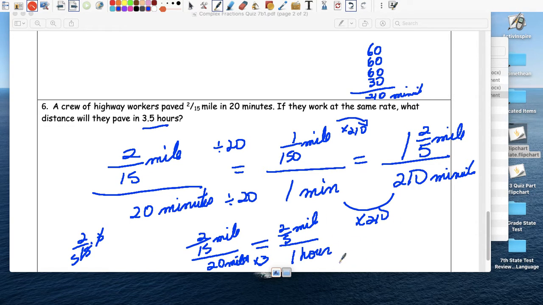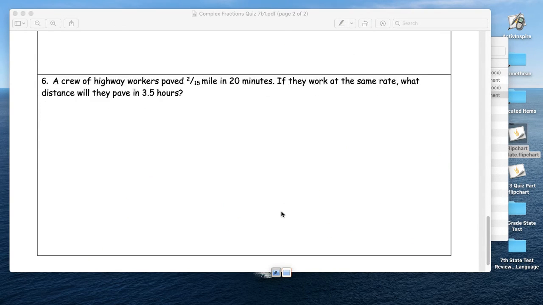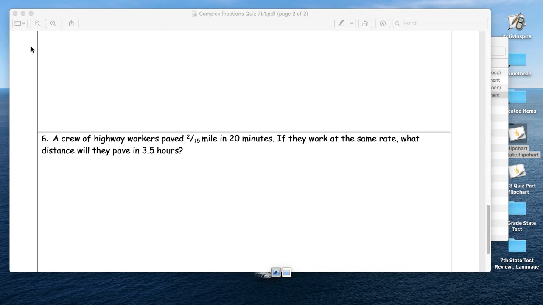Then you could have done the same thing and figured out how much it's paved in 3.5 hours: multiply that by 3.5, and the top by 3.5. It depends on your choice of unit rate. Is it per hour or per minute? Either way, you would have come to the same answer. This is it. Okay, I'm okay with that.